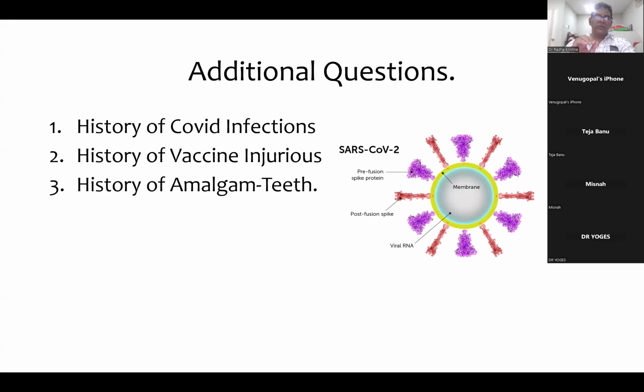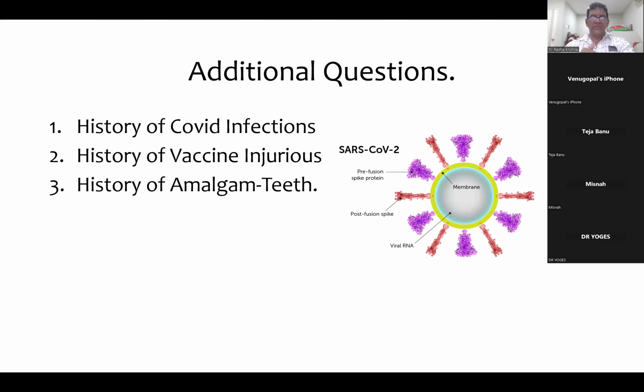So the most important latest list of questions currently is that we have to ask about history of COVID infections. Okay, and COVID is associated with spike protein, and that can trigger a series of autoimmune conditions in the body, and they may result in all these joint pains, and one of them will be frozen shoulder.